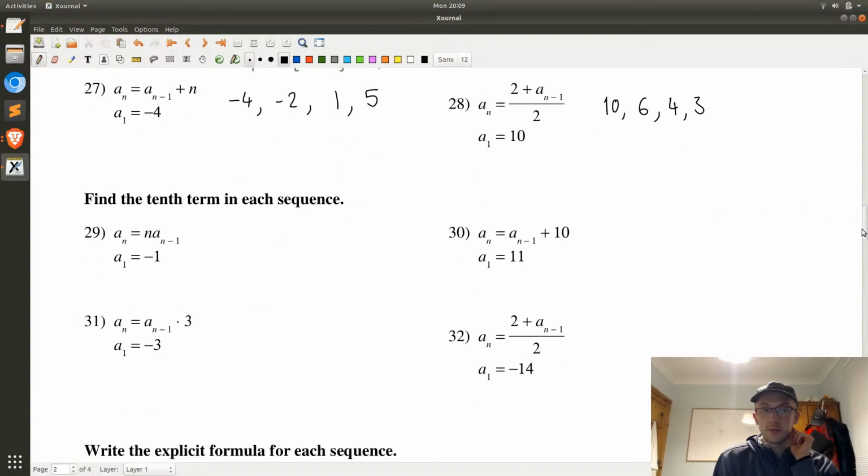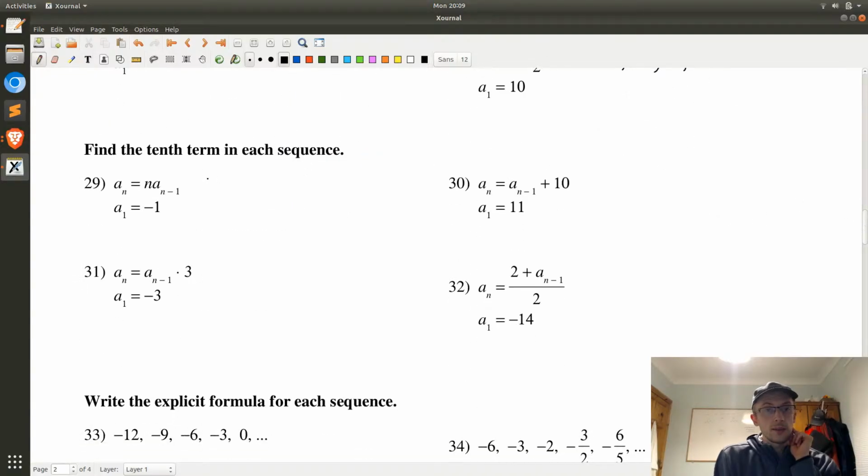Wonderful. Finding the 10th term in each sequence. And their recurrence relations, are they kidding? Apparently not. So we just have to march on ahead and see if we can find out something when we generate the first few terms.